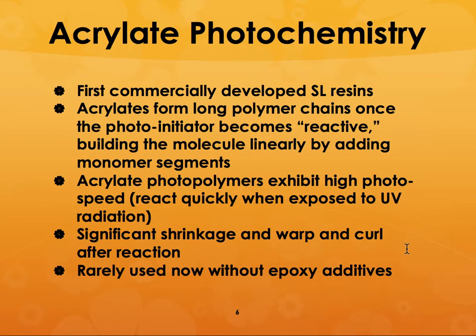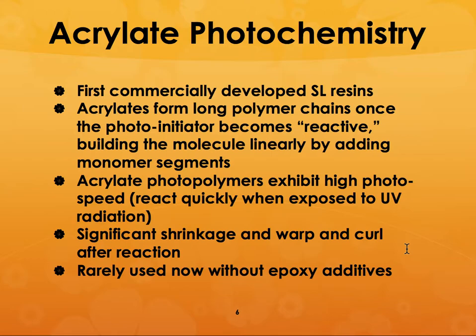So the acrylate photochemistry was the first commercially developed stereolithography resin, and they form long polymer chains once the photoinitiator becomes reactive. It starts building the molecule linearly by adding monomer segments. And once those monomer segments get linked up, depending upon the angle at which that additive chain is present, it can be strong or not as strong.